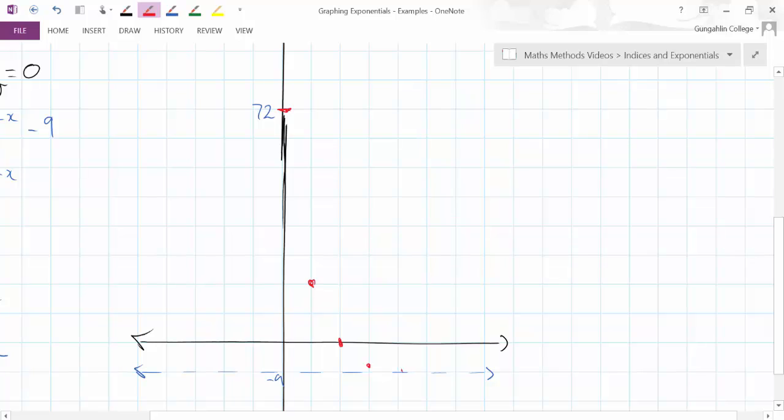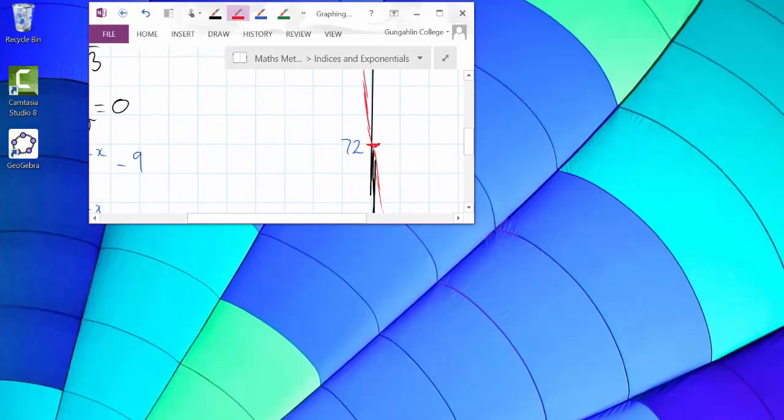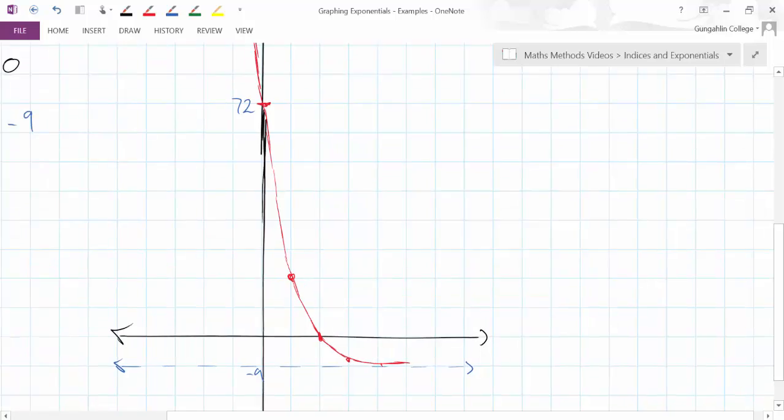I'm actually going to start down here just because that's a little bit easier to take into account. Try and make this nice and steep. There we go.